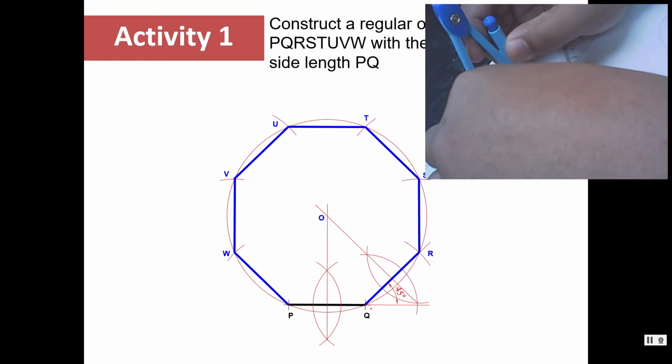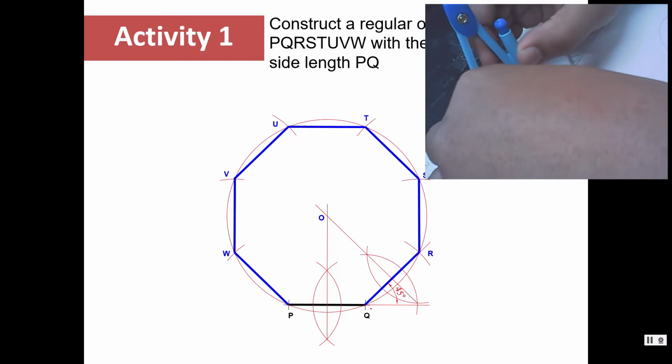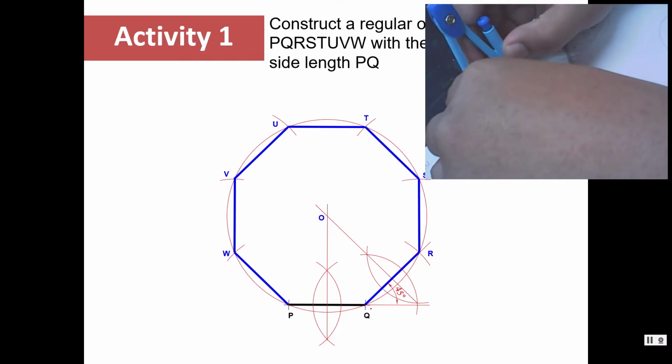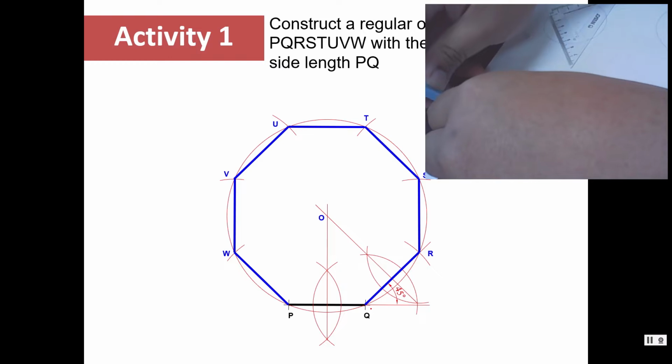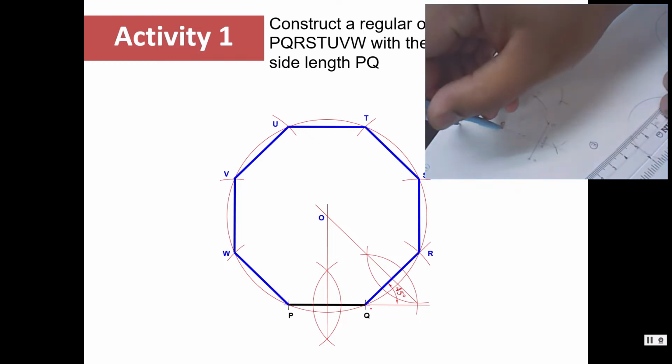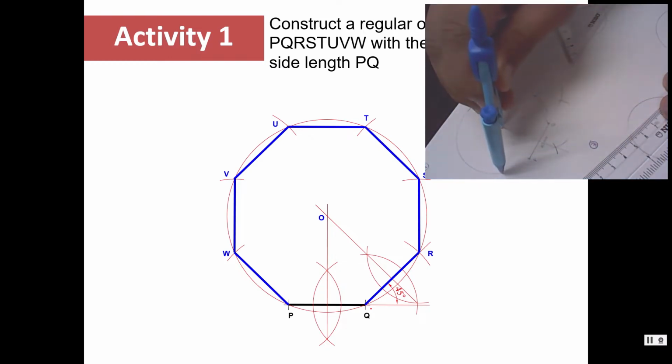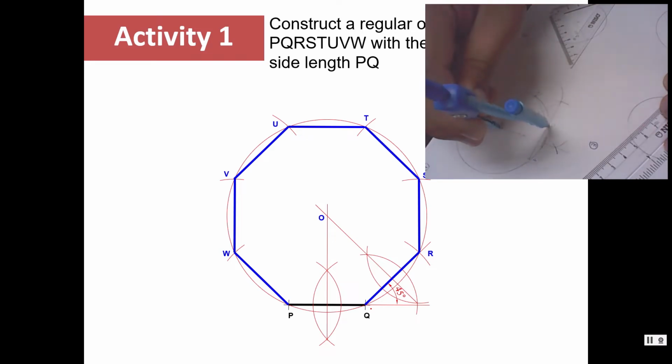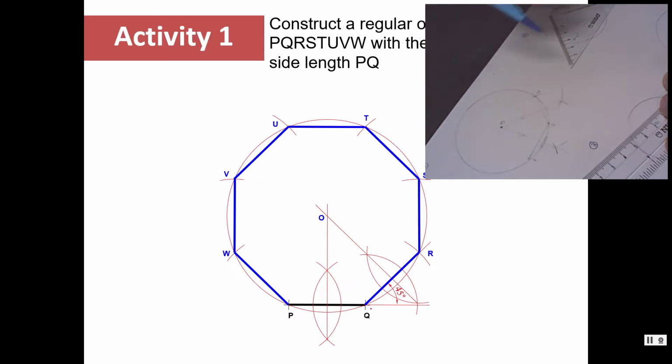And then after you have the radius of it, just draw a big circle. Hopefully it's going to touch all the points. Okay, so now we have the big circle.